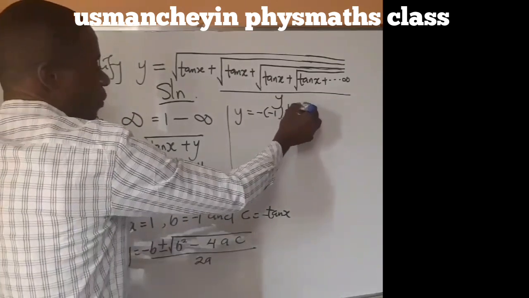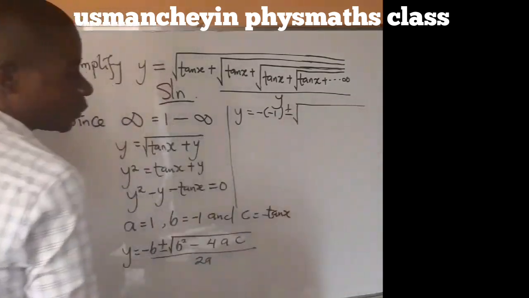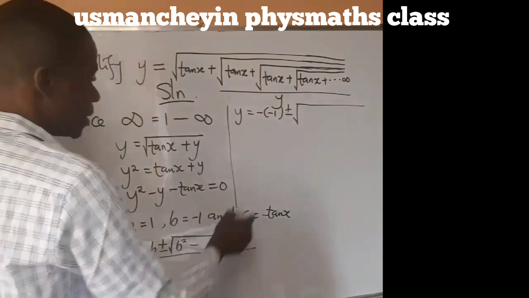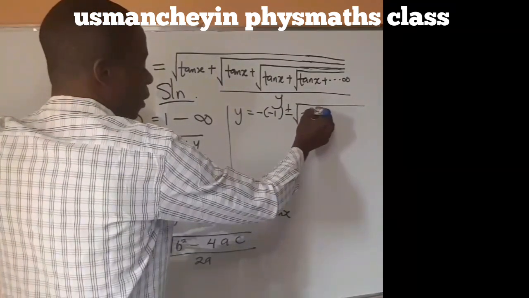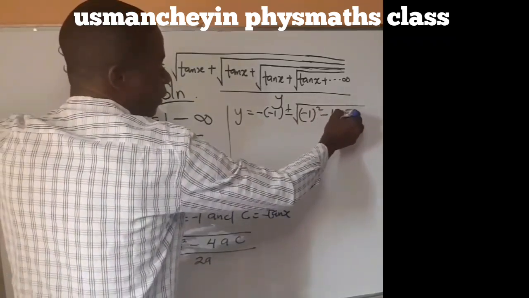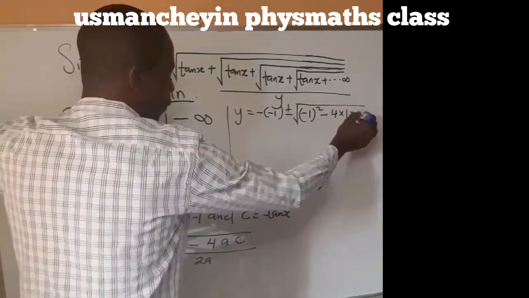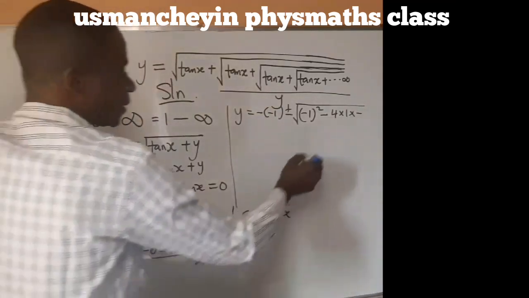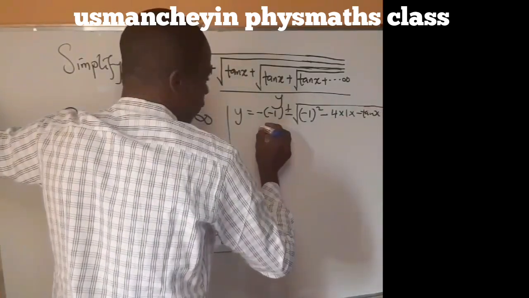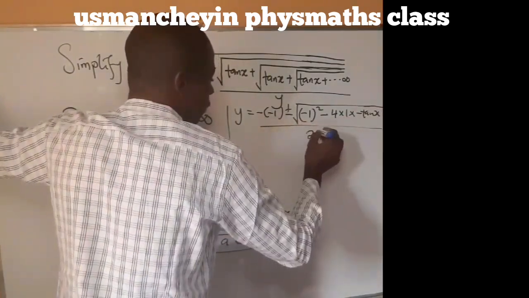Then we'll bring down our square root. So if our square root is there, the next thing is what? B, then we'll set minus 1 squared minus 4 times 1 times minus tan x, all over 2 times 1.